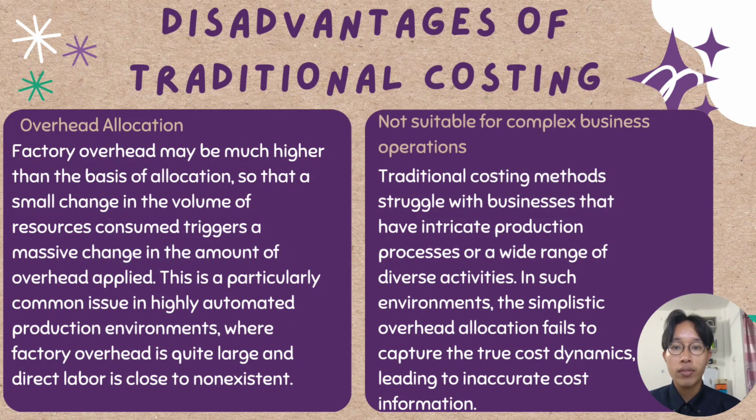Complex businesses often require more detailed and nuanced cost tracking to reflect the varied resource consumption and activity accurately. Traditional costing's inability to provide this level of detail can result in poor decision-making, inefficiencies, and misaligned resource allocation.